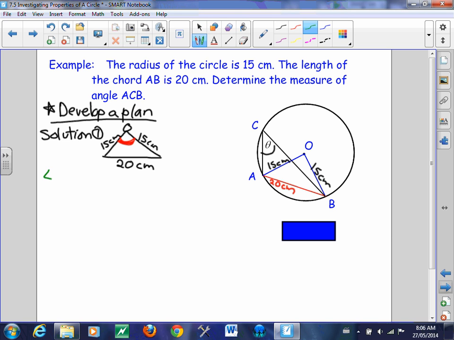So angle O, not theta, equals 2 times angle C. Therefore, angle C, this is why I was having trouble here, equals angle O divided by 2. So let's find that angle O. And if you don't remember, I'll help you with that formula.